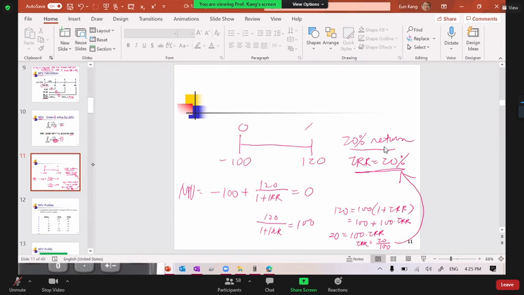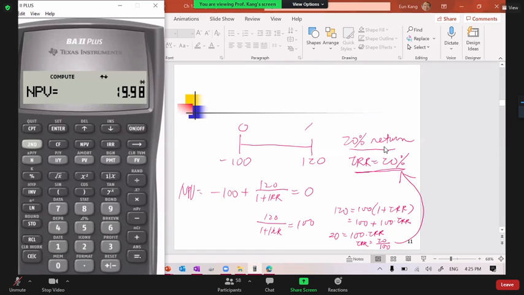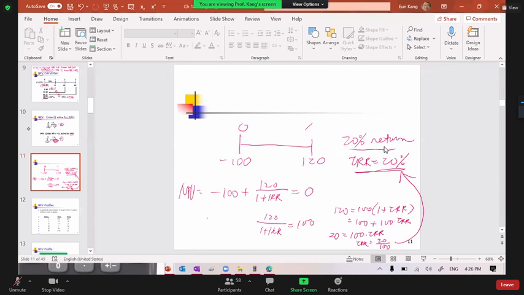Then how to calculate that? You know that already, right? When we enter the cash flows, C1, C2, for this project L, once you enter those cash flows, you hit IRR and compute. 23.56%.